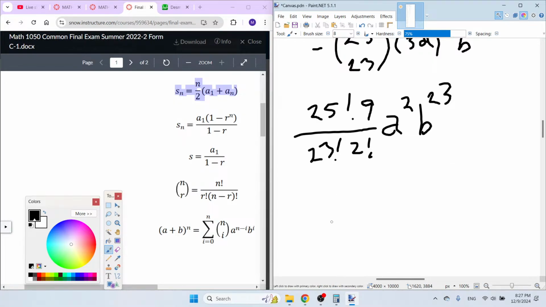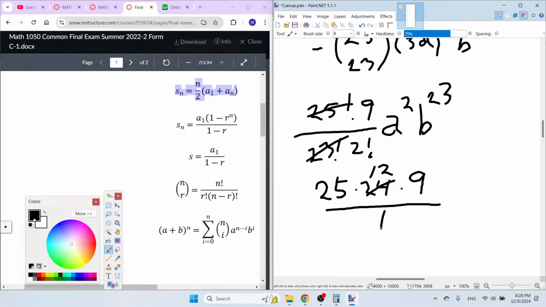So 25 factorial over 23 factorial cancels to leave 25 times 24. Everything after 24 cancels with the 23 factorial. There's a 9 up here. On the bottom, you have 2 factorial, which just equals 2. 2 goes into 24 12 times, so I can cancel that there. Just get 1 in the denominator. A squared b to the 23rd.